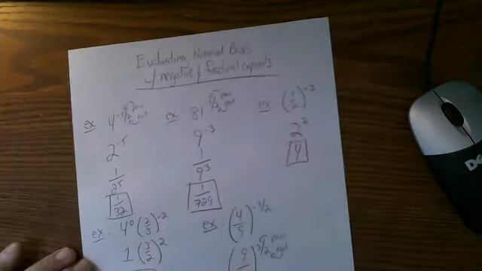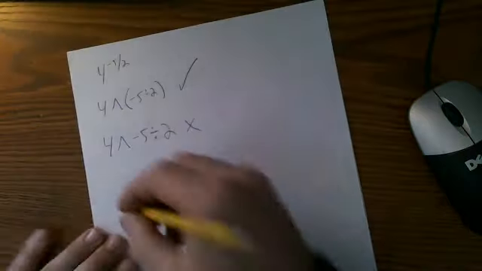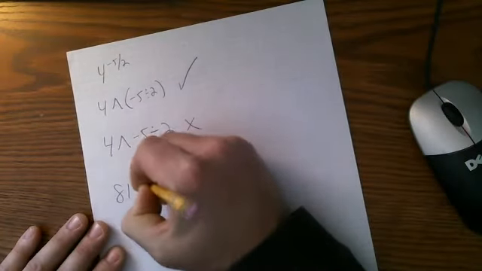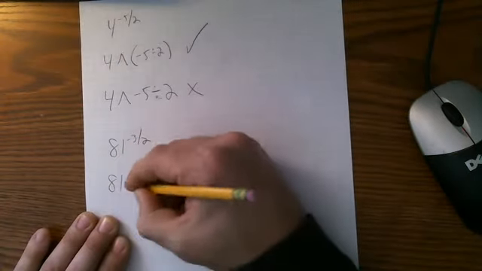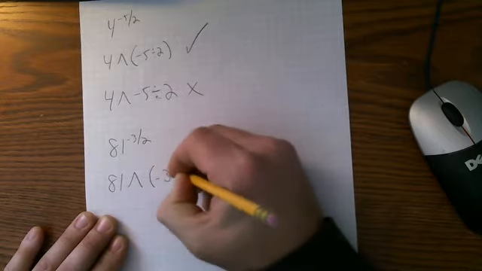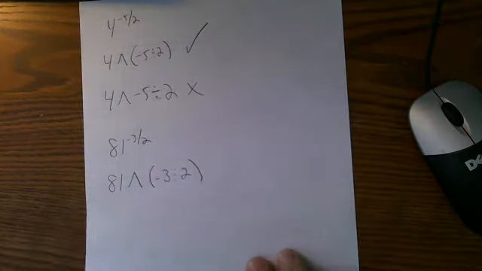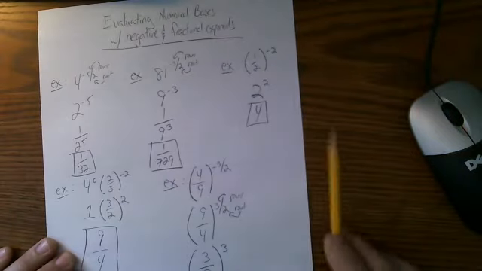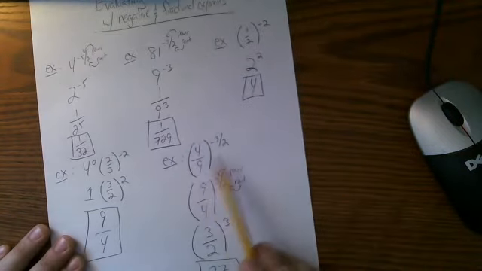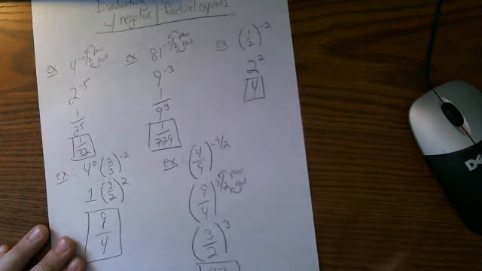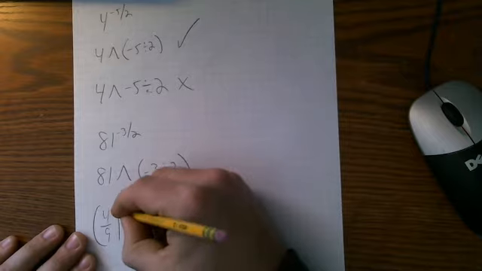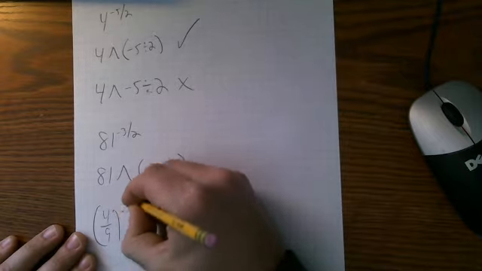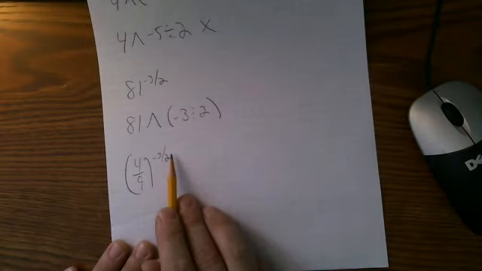The second example, we had 81 to the -3/2 power. If we want to use our graphing calculator to verify, not to complete, 81, up arrow, -3 divided by 2. The fraction example right here, let's see how we would input that into our graphing calculator. 4 divided by 9 being raised to the negative 3/2.